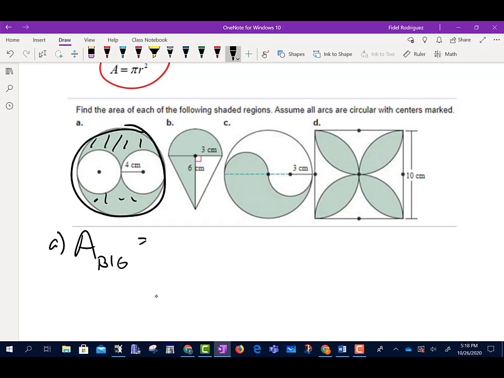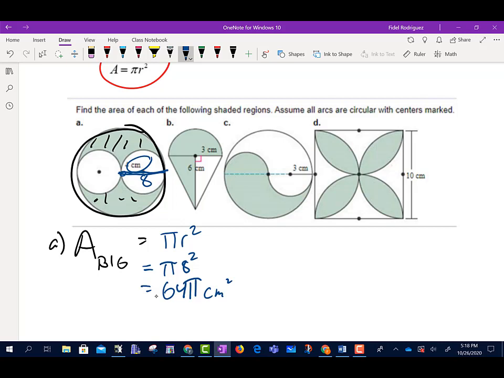First thing I need to find out, what is my radius? The radius is going to go from the center all the way over here. Well, if this is 4, the whole radius from here to here would be 8. So my formula says pi r squared, so this is pi times 8 squared, 64 pi centimeters squared, since we're dealing with centimeters.